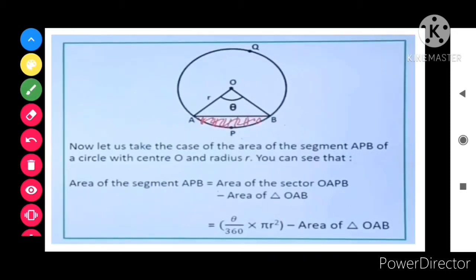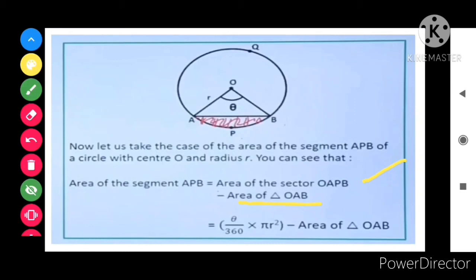Now let us see. Let us take the case of the area of the segment APB of a circle with center O and radius R. You can see that area of the segment APB is equal to area of the sector OAPB minus area of the triangle OAB.